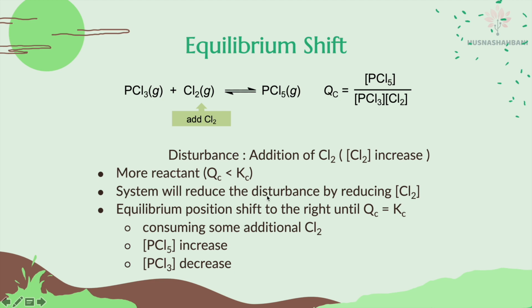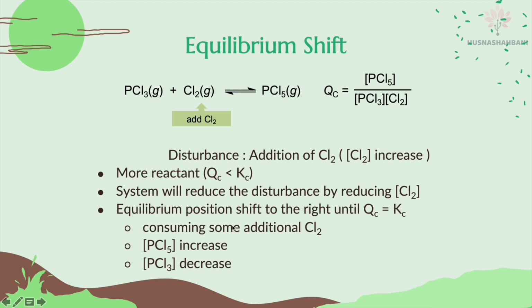The system will reduce the disturbance by reducing the concentration of Cl2 because you have added more Cl2. Now the system must reduce the concentration of Cl2 to balance again. In order to reduce the concentration of Cl2, the equilibrium position shifts to the right until the value of Qc is equal to Kc.